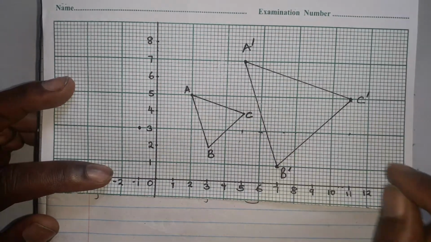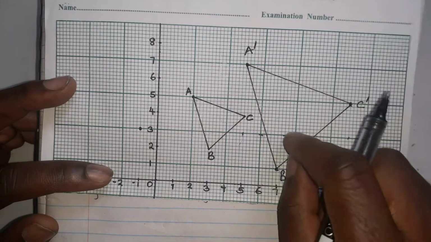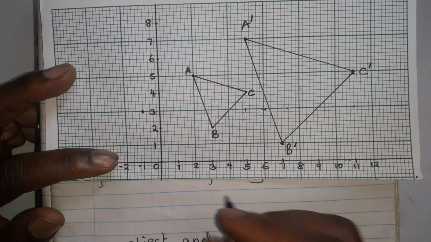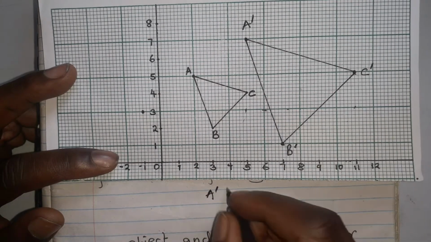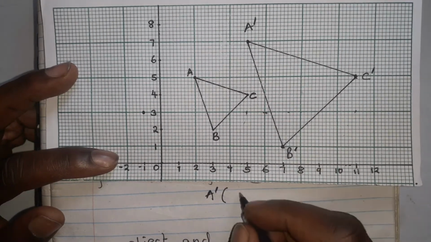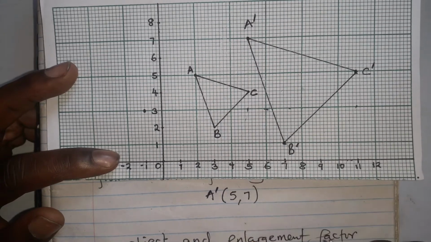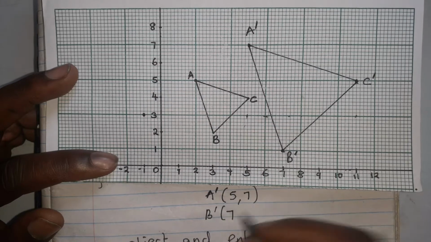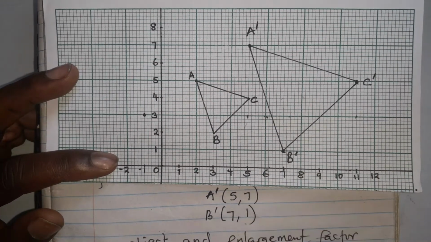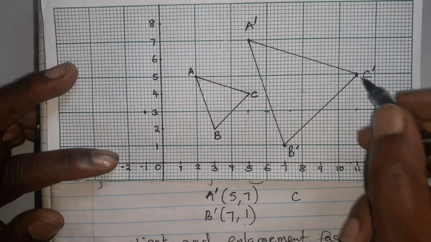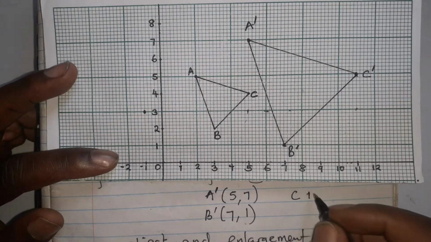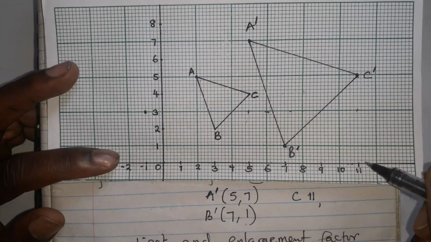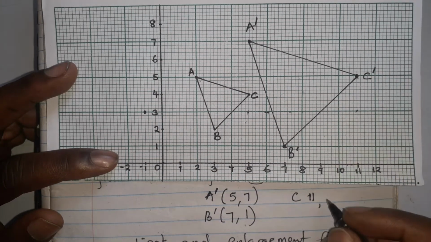But when you want to find the actual coordinates for the image, you are going to have what? Your A1 is going to be what? It's 5, 7. That's what we are seeing. Our B, what are we seeing here? 7, 1. And our C, which is this point, what are we getting? 11, 5.